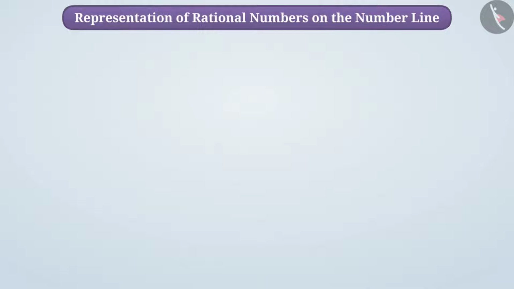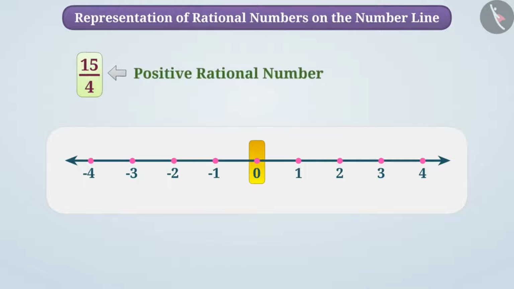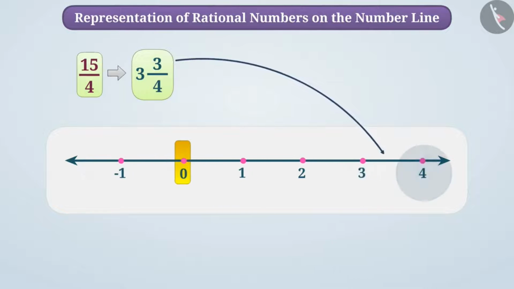Now, will you be able to represent 15/4 on the number line? Pause the video and try it. Let me tell you, 15/4 is a positive rational number, so it is to the right of 0. We can write 15/4 as 3 and 3/4. This shows us that this rational number is between 3 and 4.